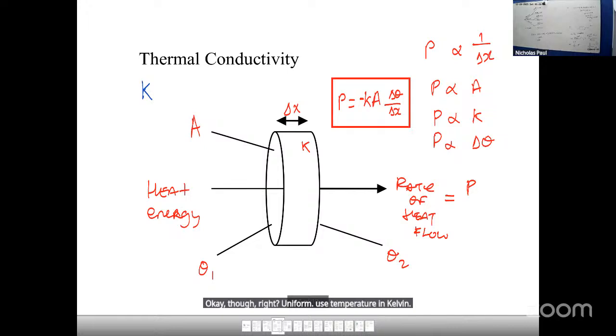See if you can work out the SI unit for K. Dimensional analysis.